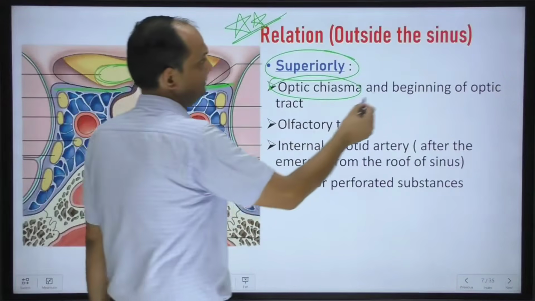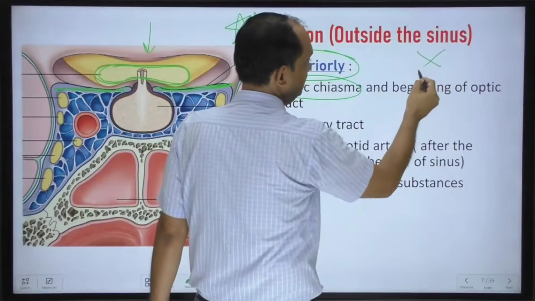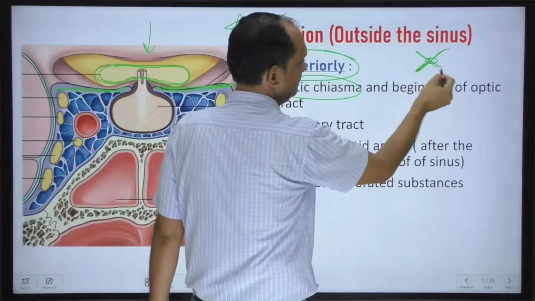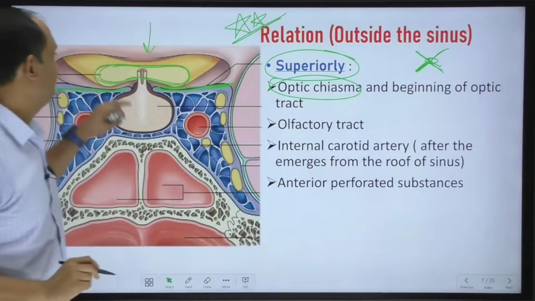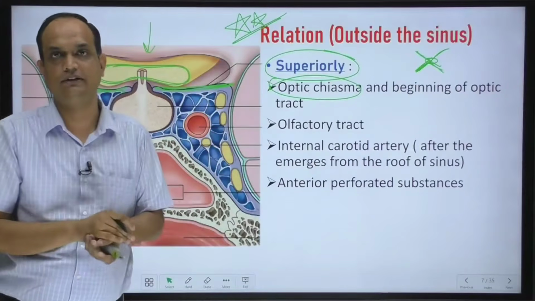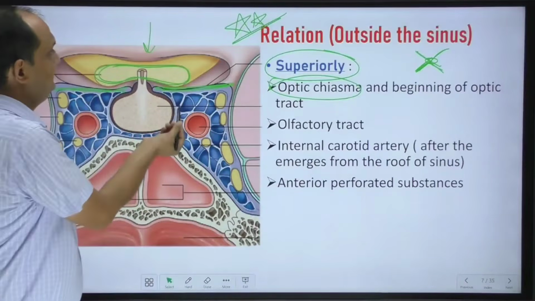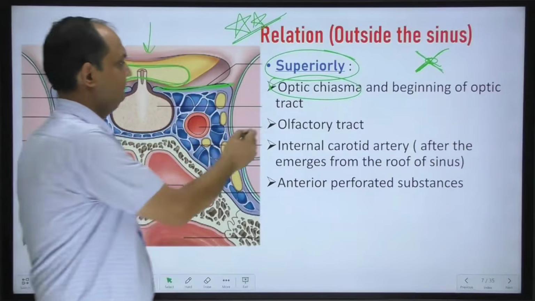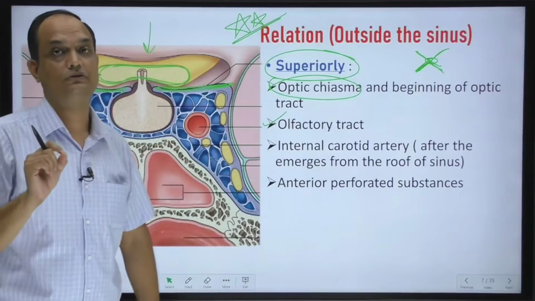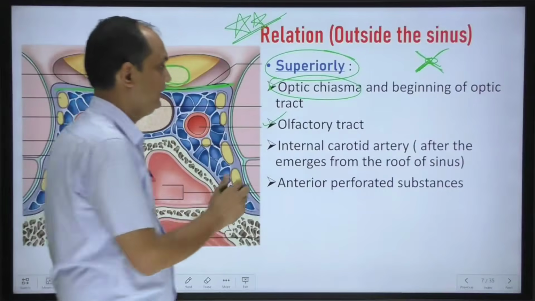So you see the optic nerve, then the crossing, the chiasma, and then the tract. This part is in relation to the roof of your cavernous sinus, plus there is the olfactory tract, and we also have the last, or terminal, part of the internal carotid artery.